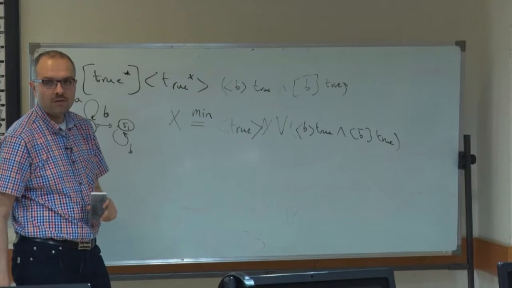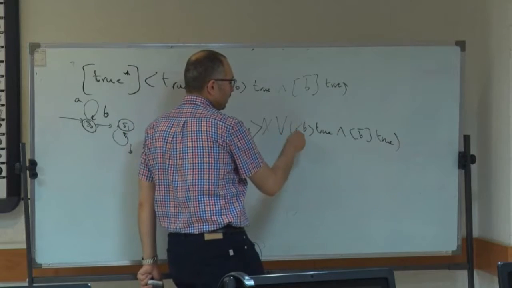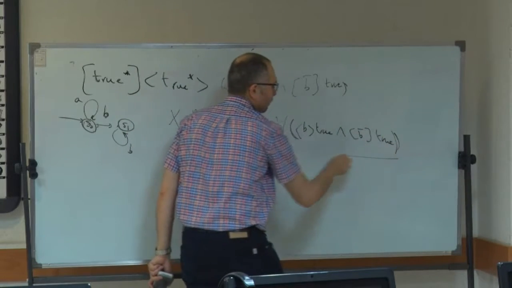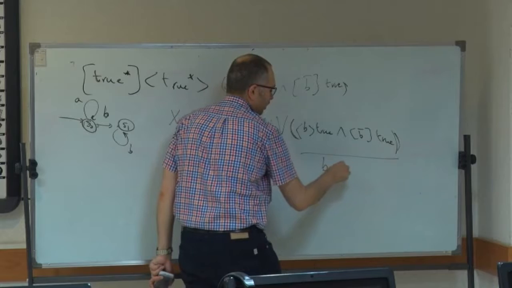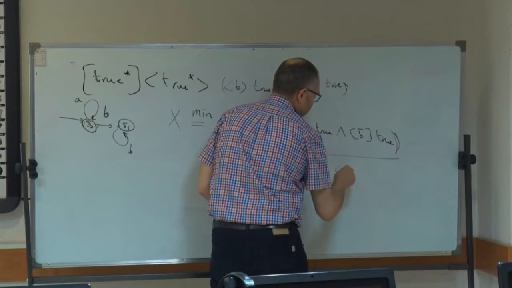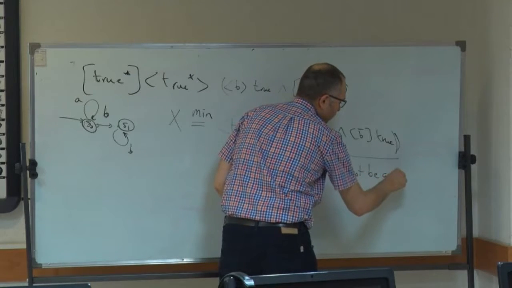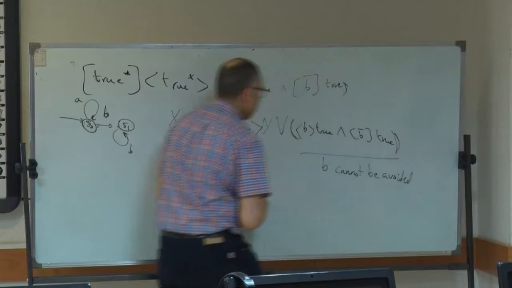Okay? So either I should do a B right now. That's what this one says, right? You agree with that? B cannot be avoided, basically. B cannot be avoided.